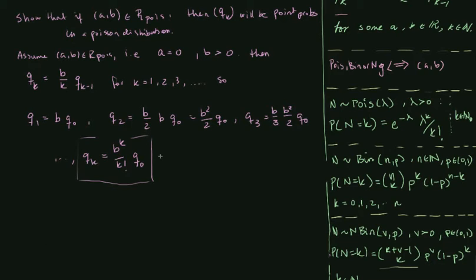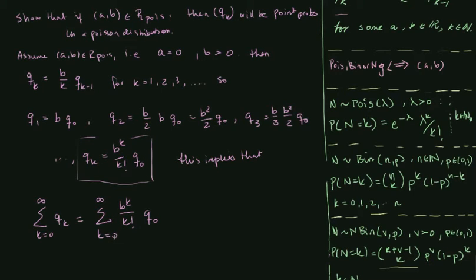And this is nice because this implies that if I sum all of my qk, that is equal to b to the k divided by k factorial multiplied by q0 for k going from 1 to infinity.